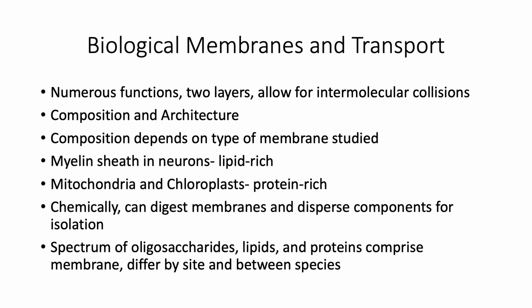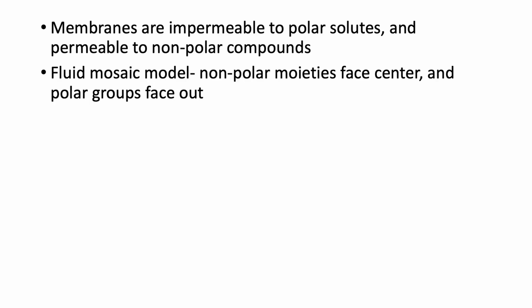Chemically, you can digest the membranes and disperse the components for isolation, and you will get a difference of membrane by site, difference of membrane between species with a spectrum of oligosaccharides, lipids, and proteins, and they will comprise the specific amounts that form the lipid membrane. The membranes are impermeable to polar solutes and permeable to nonpolar compounds.